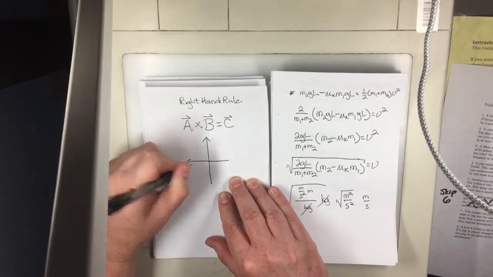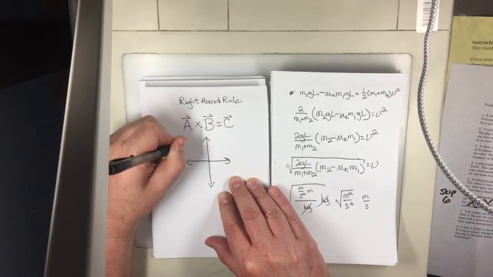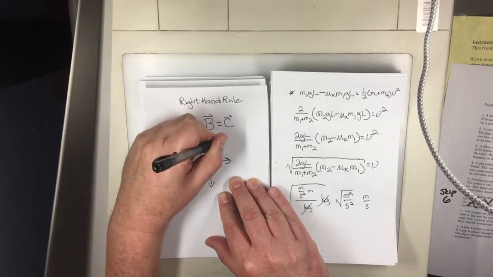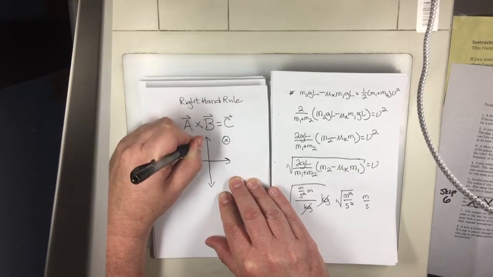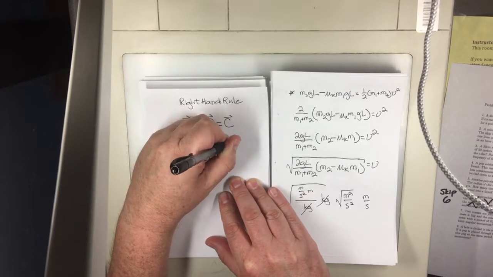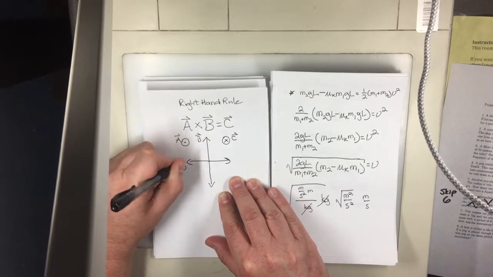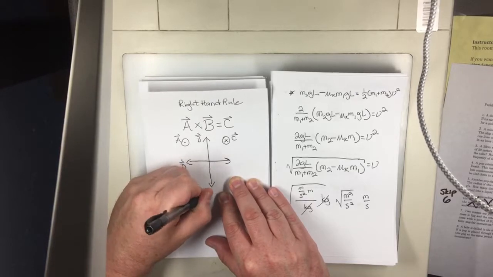On the test for the appetizer, you're going to play the right-hand rule game. And what happens is you see a setup like this where these directions are labeled.